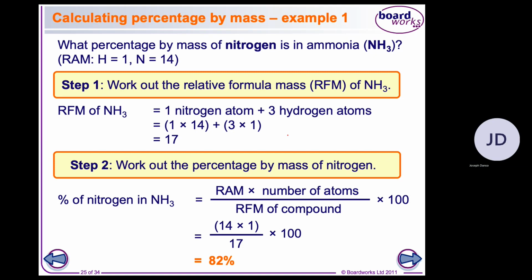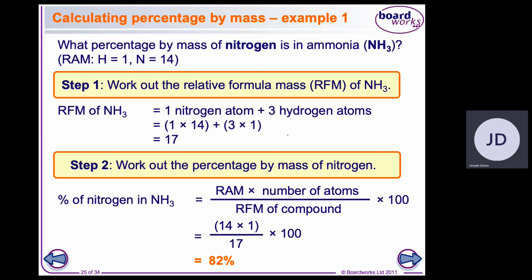So let's put them in. The RAM of nitrogen is 14. Multiply that by the number of atoms of nitrogen in ammonia, that is 1, and divide that by the relative formula mass, which we just calculated as 17. Multiply by 100, and you will have 82.